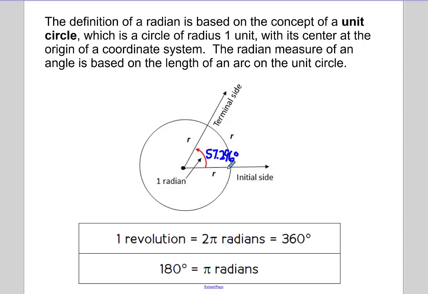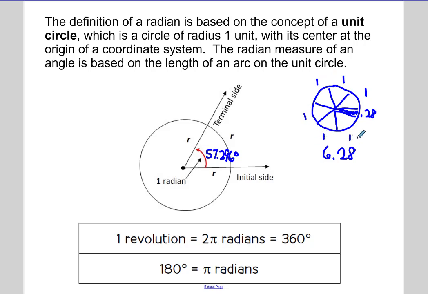1 radian is about 57 degrees. So if you thought about it, 2 pi radians is 6.28 radians, and that means you can get 1, 2, 3, 4, 5, 6 radians, and this little piece in here is 0.28 of a radian. 1, 2, 3, 4, 5, 6 that you could get around that unit circle, 6.28.